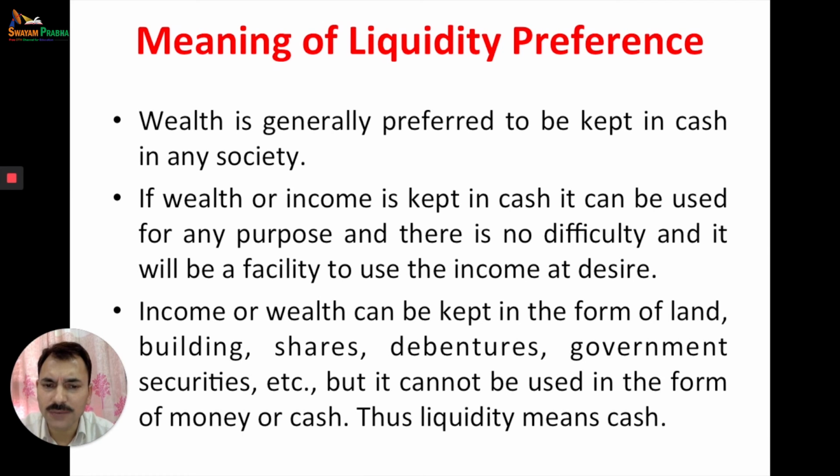According to him, wealth can be kept in the form of land, building, share, debentures, government securities, etc. But it cannot be used in the form of money or cash when it is required. Thus, liquidity basically means the cash.